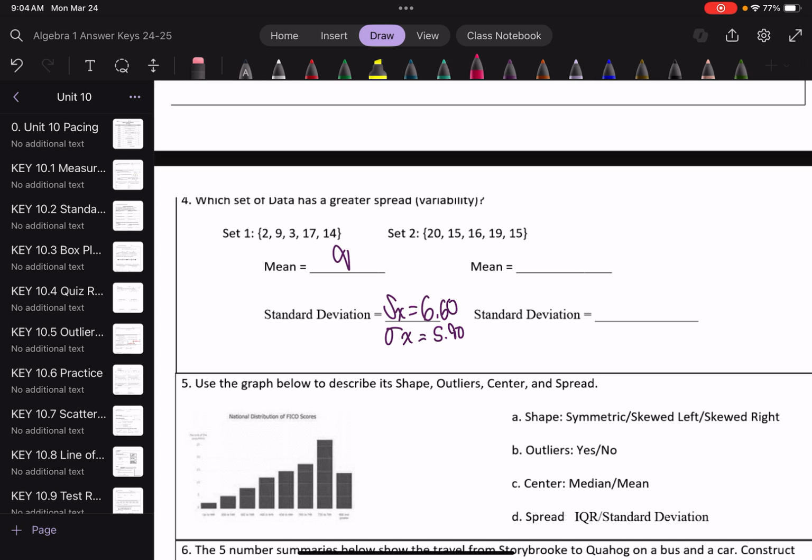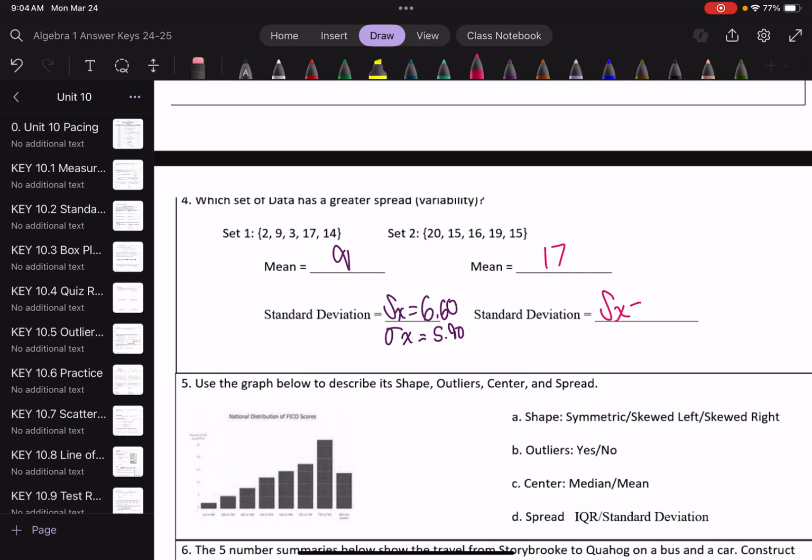Then set 2, I'm going to use pink. I'm going to go ahead and clear out that data and put 20, 15, 16, 19, and 15. I'm going to hit second data and do the one variable statistics again. I get a mean of 17.